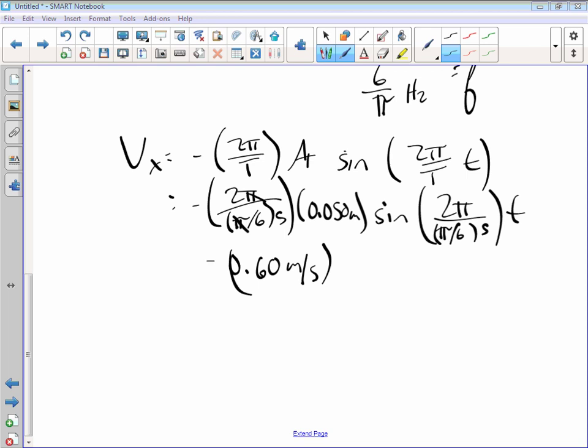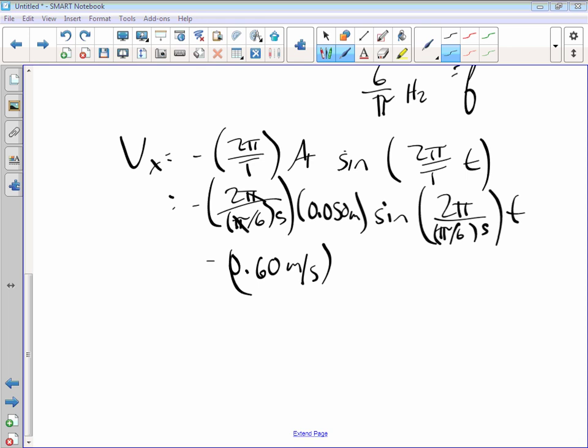It would be 2 over 1 over 6. If you bring the 6 up to the top, it'd be 2 times 6, which is 12. 12 times 0.050 would give you this number, negative 0.60 meters per second.